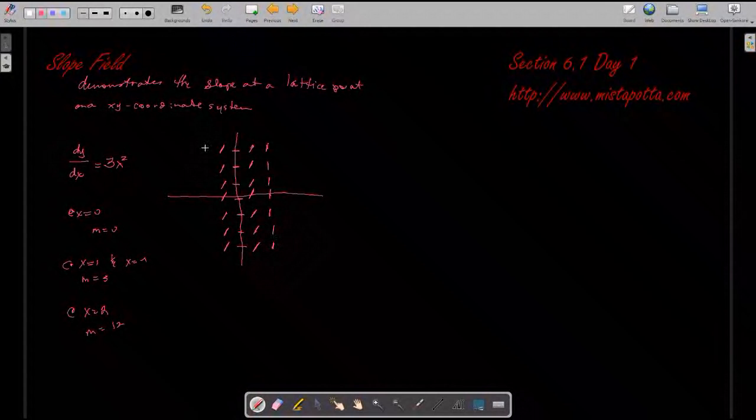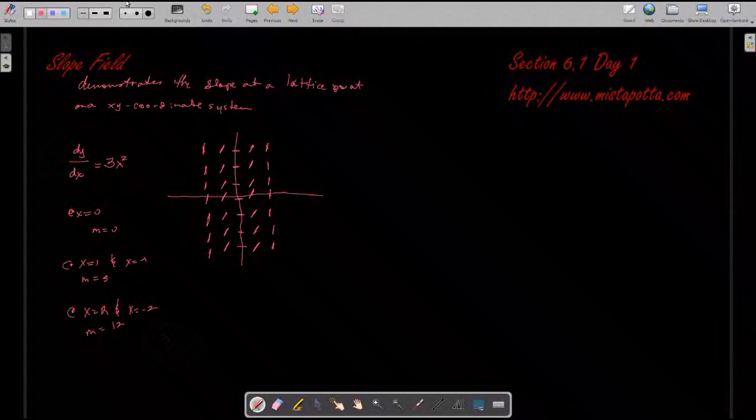And of course, the same thing is going to happen at x equals negative 2. So what happens is my slope field demonstrates what the slope is for general points in my xy plane.